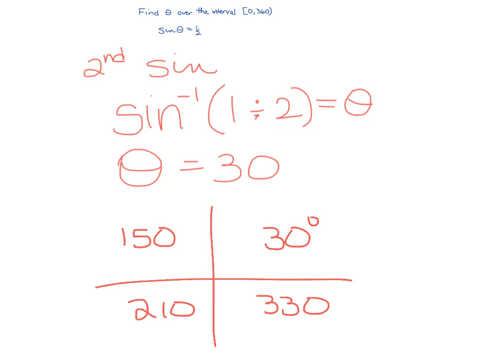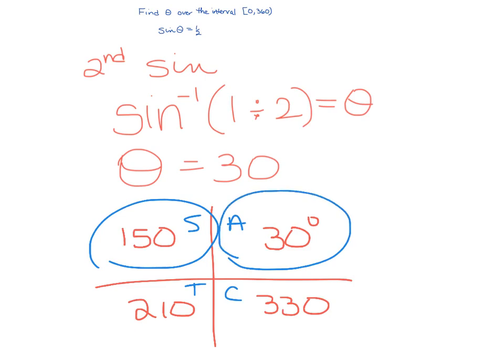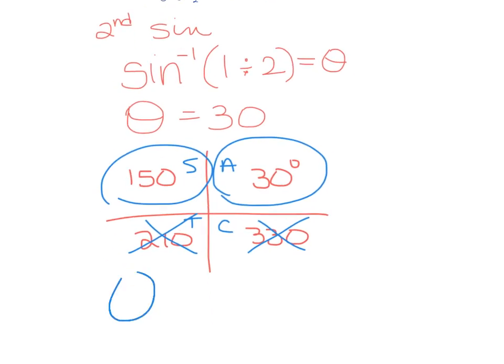This one we could have done by hand. The rest are going to be decimals, and we use our calculator. So now I have to figure out which one I need based on my All Students Take Calculus. So again, it was a positive 1/2. So I have to figure out where sine is positive. It's positive in this one and in this one. These two are out. So my answer to this question, theta equals 30 and 150.